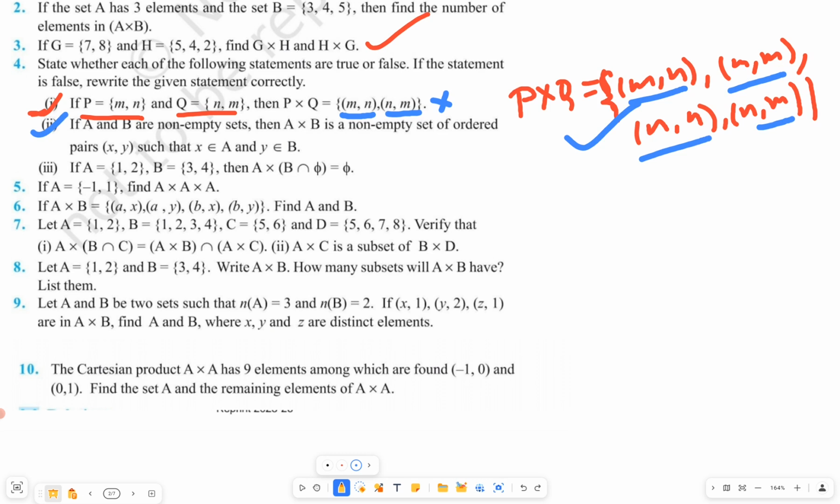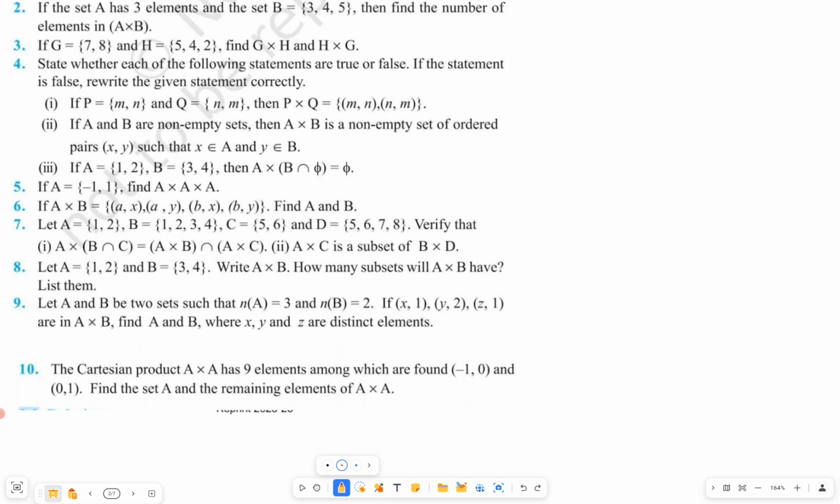Number 2: if A and B are non-empty sets, then A cross B is a non-empty set of ordered pairs. What does non-empty mean? A has at least one element, A not equal to phi. Phi denotes the empty set.